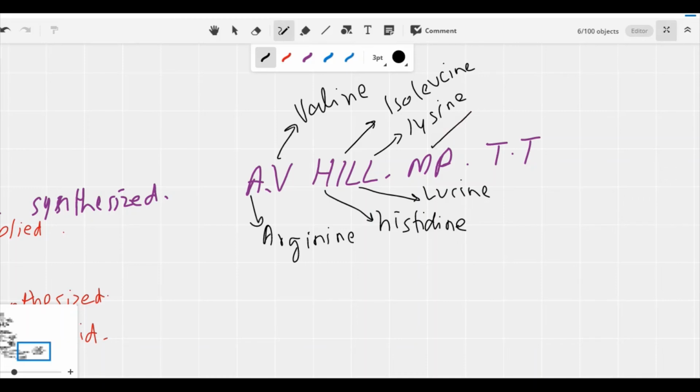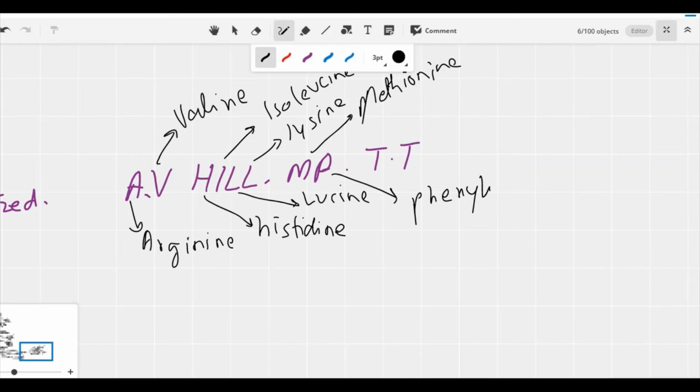And then M means methionine, and P means phenylalanine, and then T means threonine, and the last T means tryptophan.